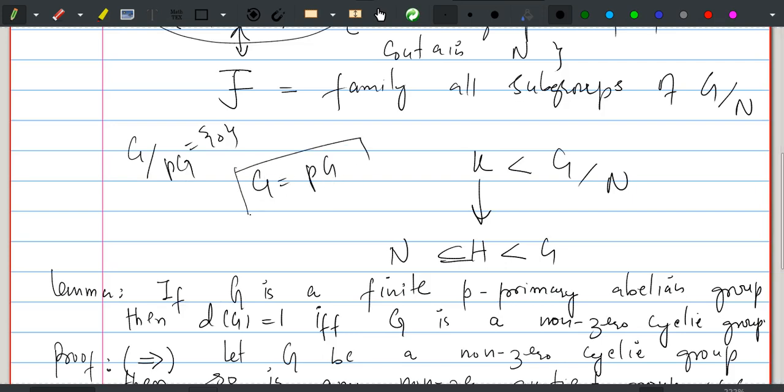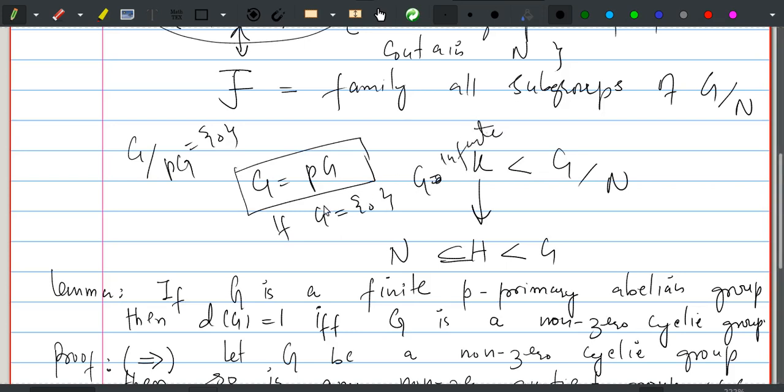Now this thing is true only if either G is 0 or G is an infinite group, but G is given to be non-zero, so this is not true. If G is infinite, this can be true, but G is also given to be finite, so G is never going to be equal to pG. So if G is not equal to pG, this quotient is never 0.